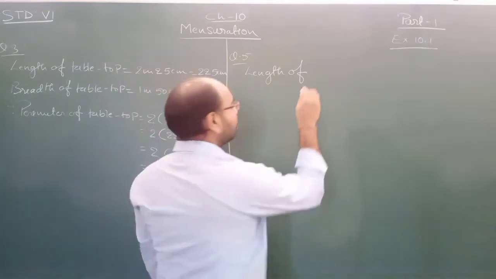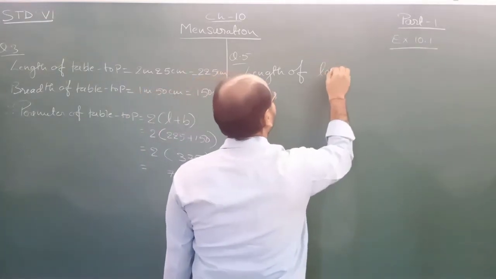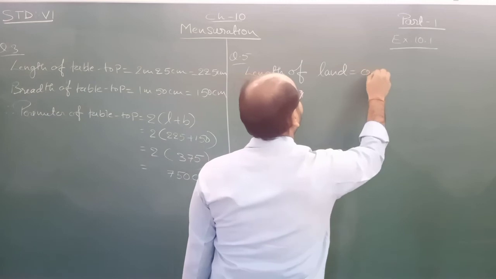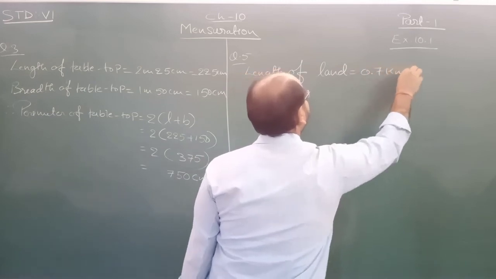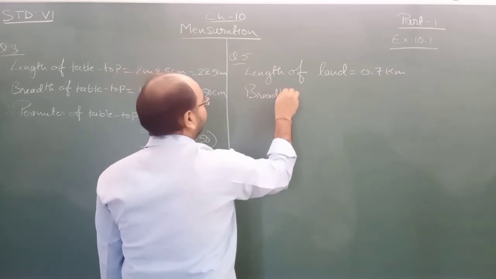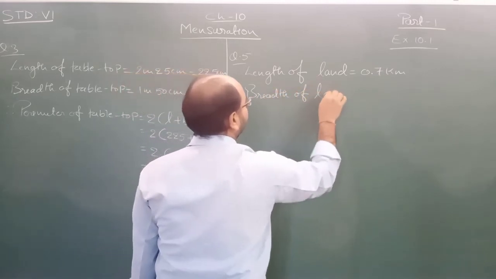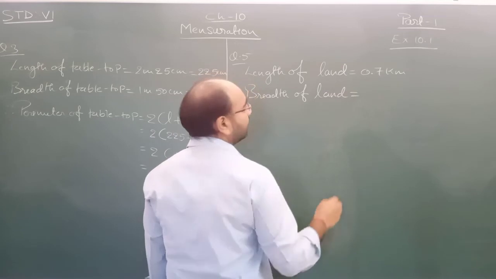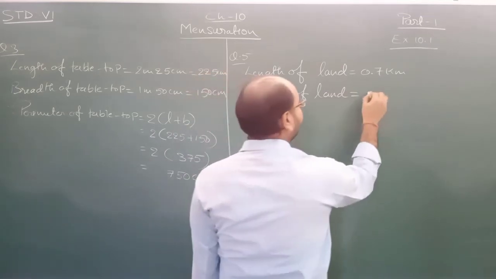Length of land, that is 0.7 kilometer. Same way breadth of land is 0.5 kilometer.